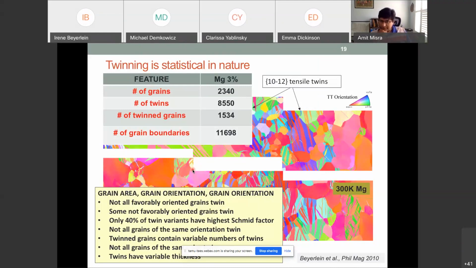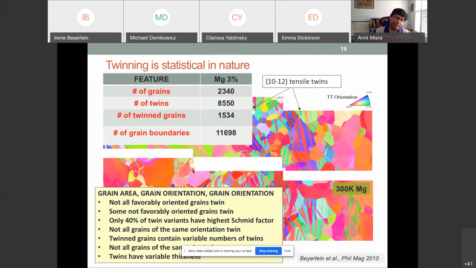So recently, in identifying twins and correlating them with their parent grain properties, we find that a lot of that was not true. Many of the grains that would favorably be oriented for twinning did not twin.